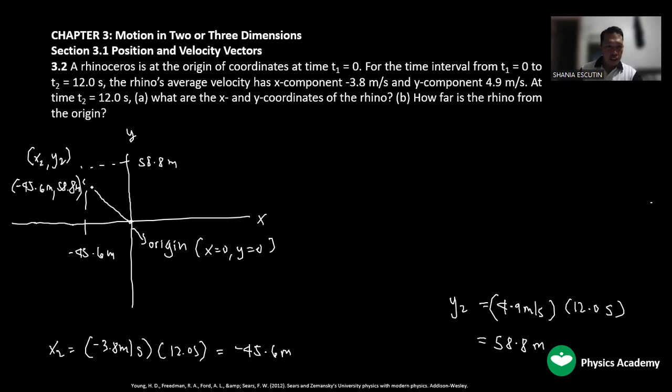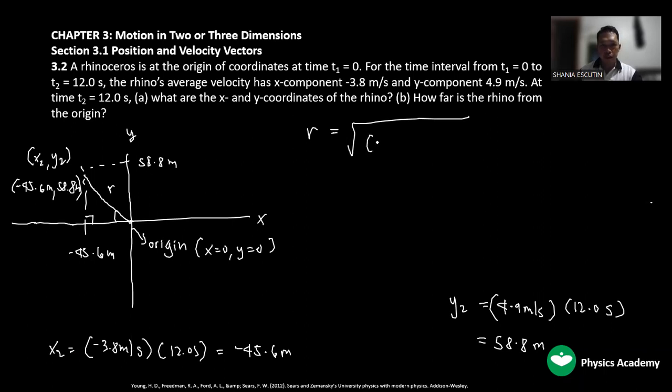This is actually the distance of the rhino from the origin, which is R, the position R. Since we have here a right triangle, our x is this one and our y is 58.8.